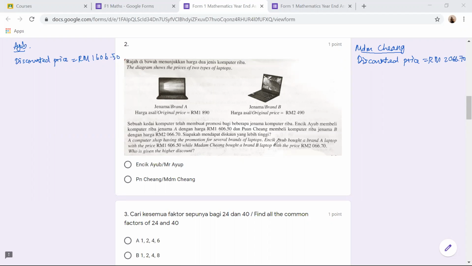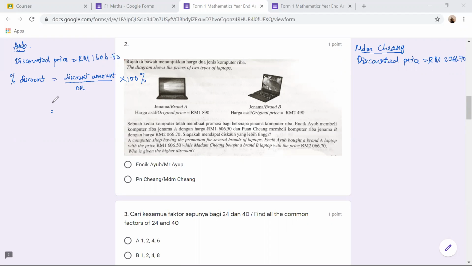Okay, now we need to calculate the discount that they get. So to count the percentage of discount, the percentage of discount will be the discount amount always over the original value times 100%.